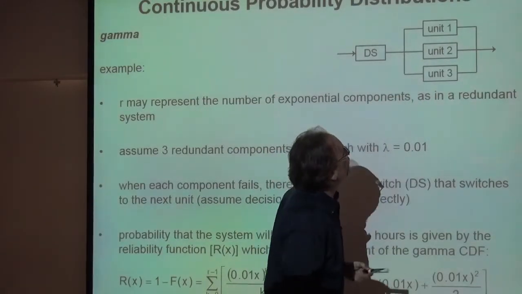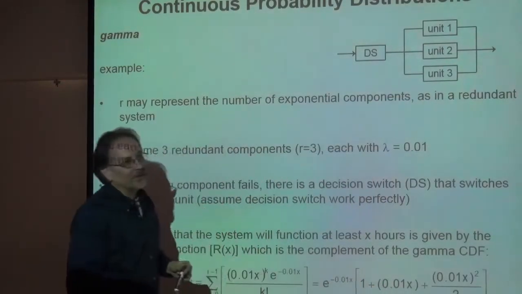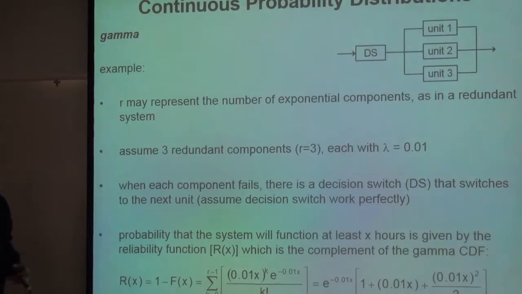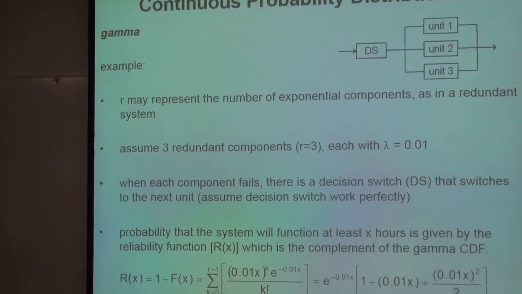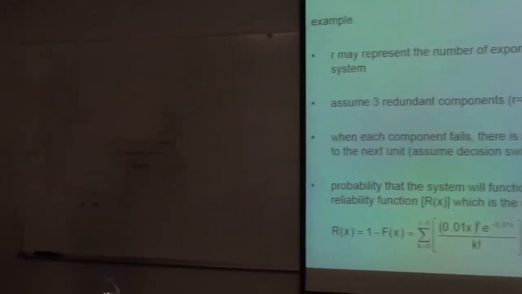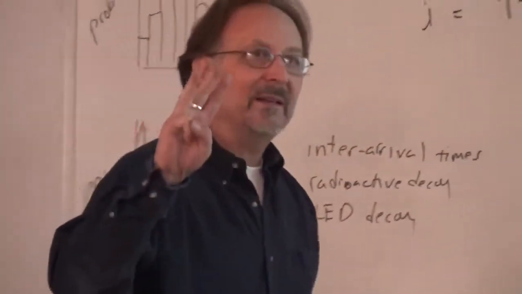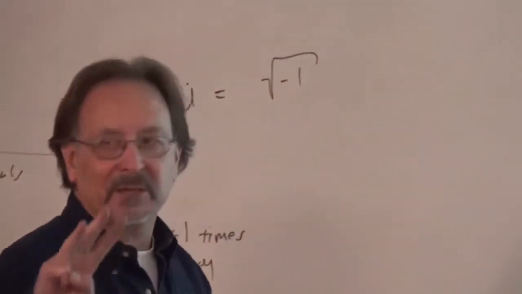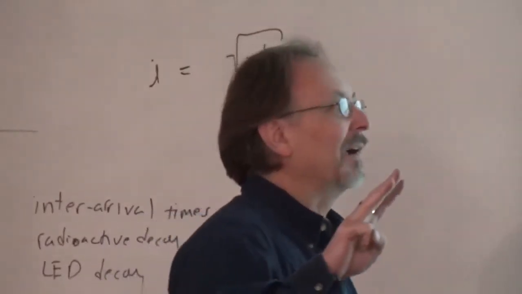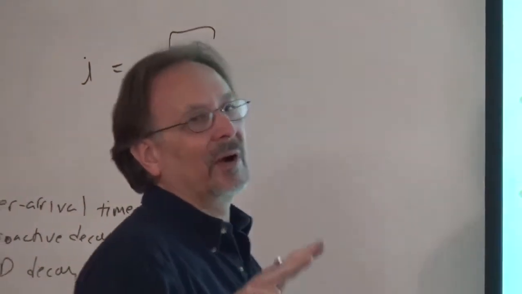Each one of these individually is exponentially distributed, and I know that the failure rate is 0.01. So that means that r equals 3, because I have 3 components, each with its own exponential distribution. I have a single lambda because all of them are identical.